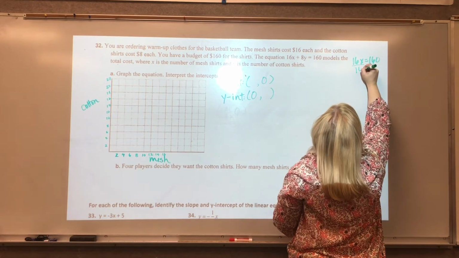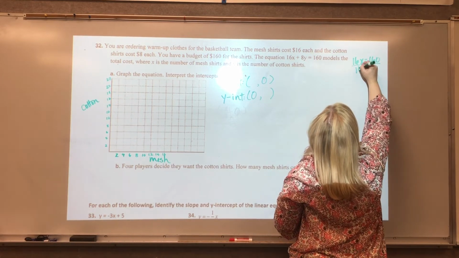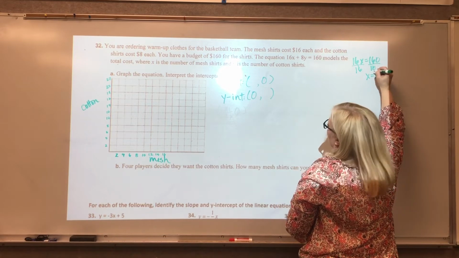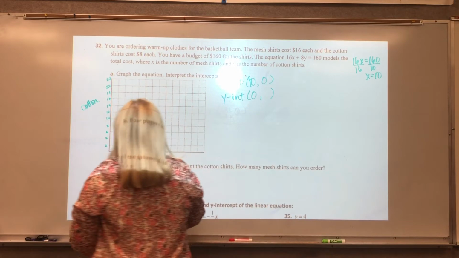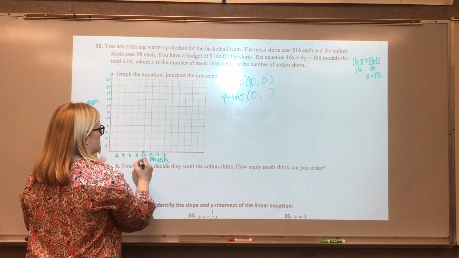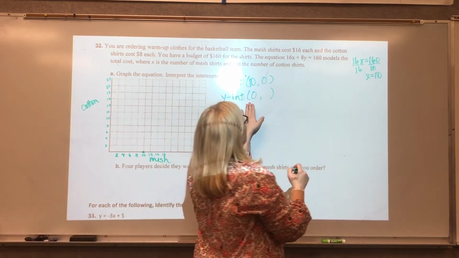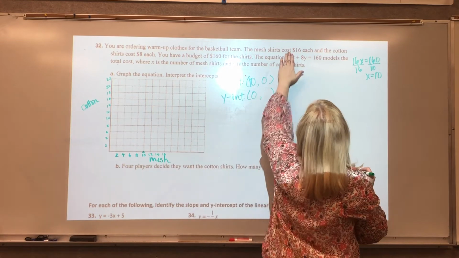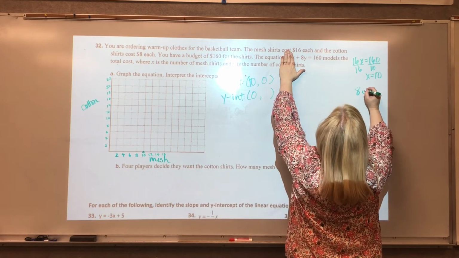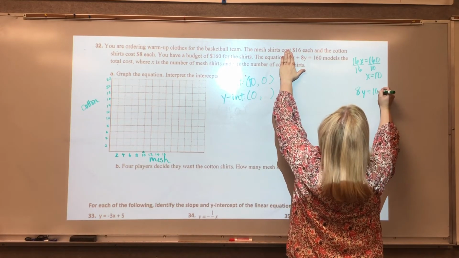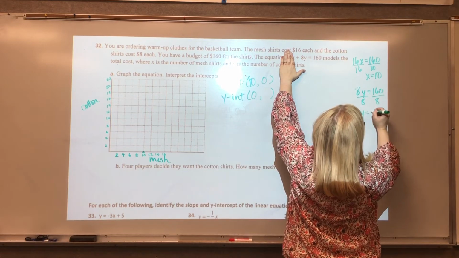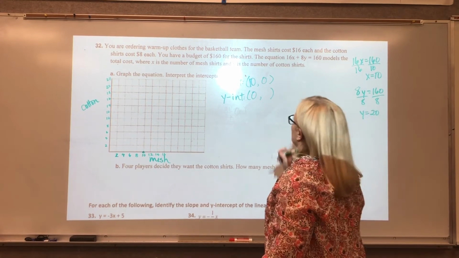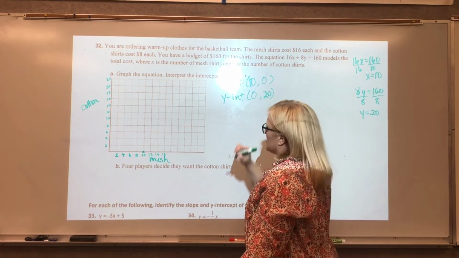If I divide both sides by 16, I get x equals 10. So there is my x-intercept right here. Okay, if I plug in 0 for x, then I have 8y equals 160. Divide both sides by 8, and y equals 20. So my y-intercept is 20.